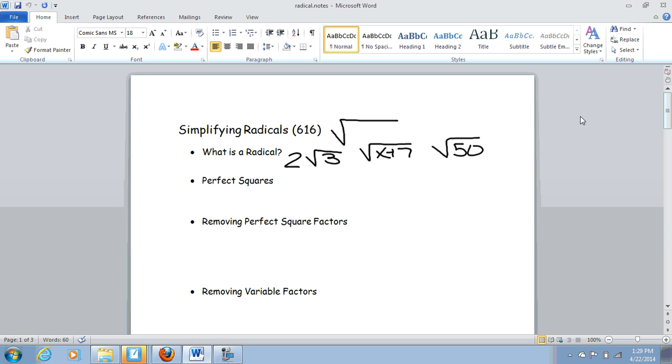And the square root of 50 brings us into some important information for this video, and we're going to be talking about removing perfect squares. Hopefully, when I say perfect squares, you have some that might jump into your memory.